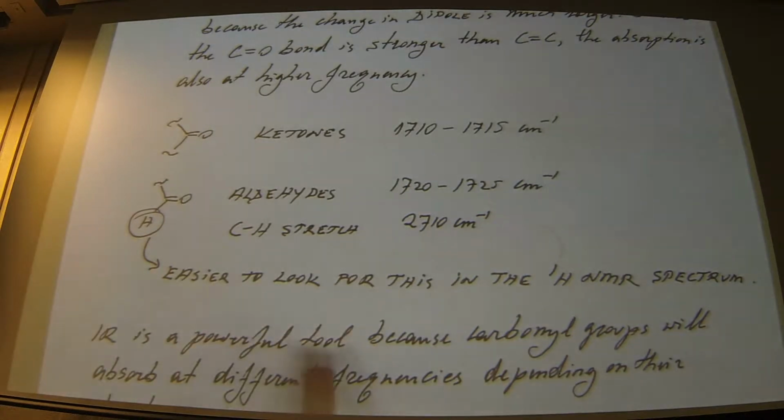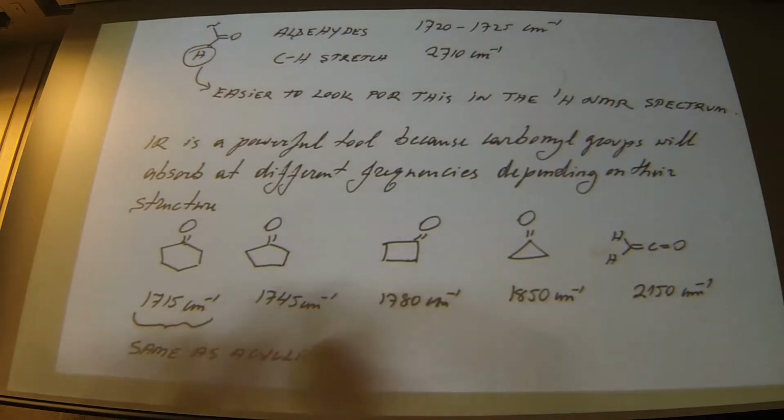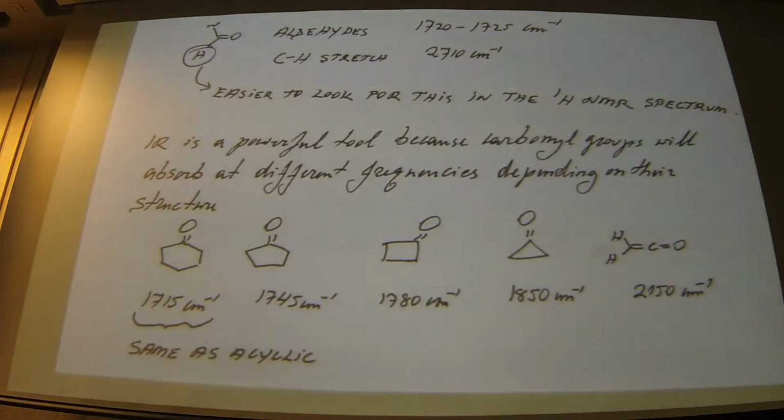Now, IR is a really powerful tool because, and by the way, in the lab, you guys have access to a super nice IR machine. It's an FTIR. I can tell you that you can get all this information that we're talking about here from an IR machine that's about 3 generations back in terms of technology. So the machine you have is really overkill.